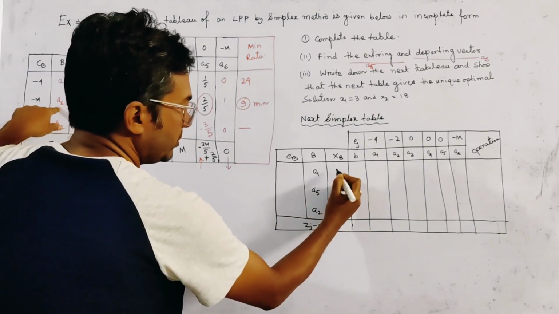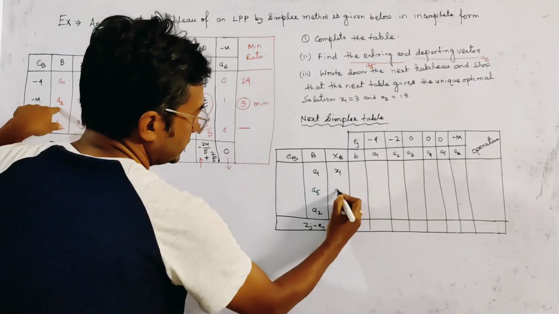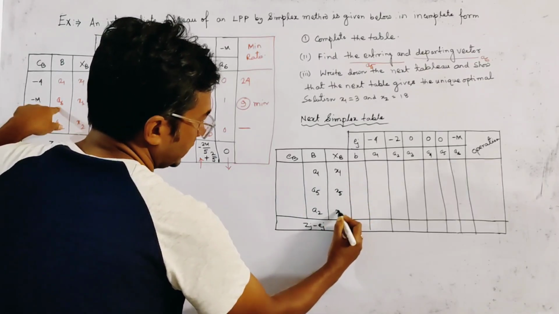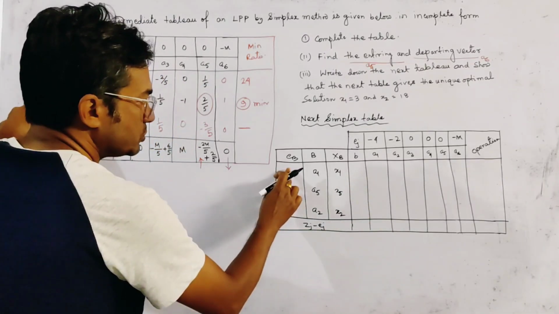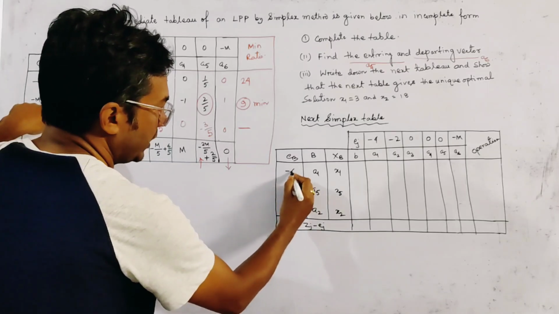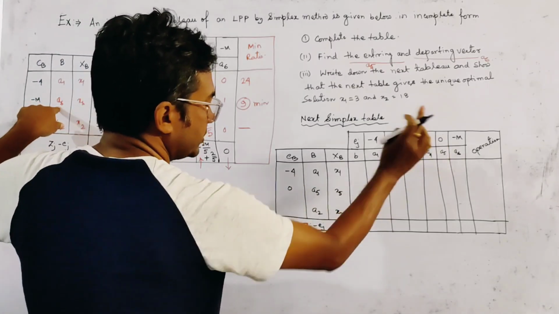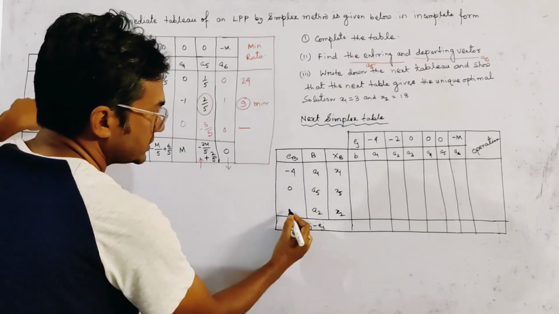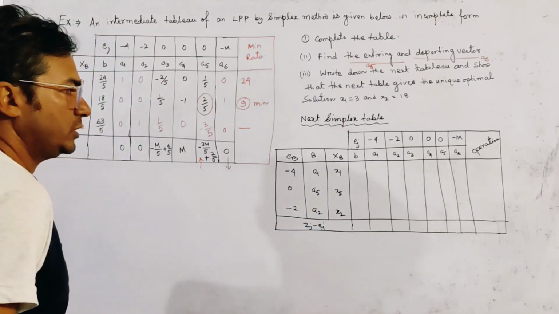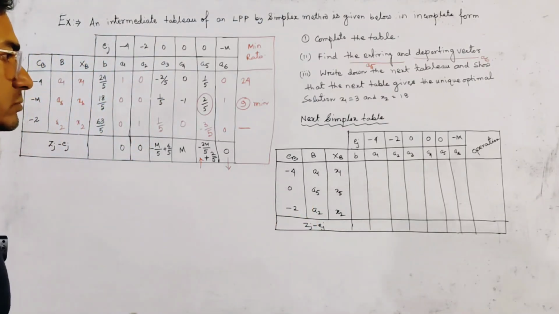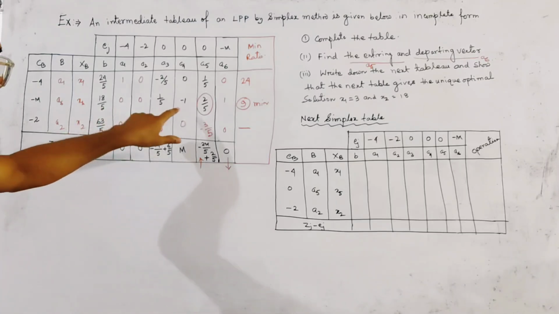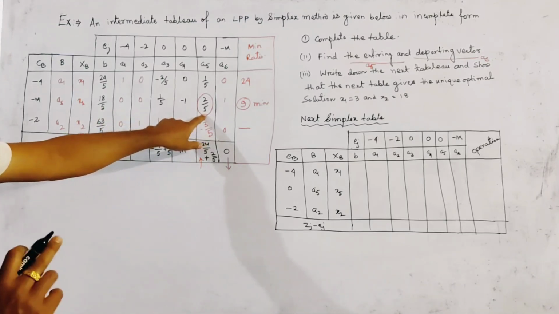We write the corresponding variables: x1, x5, x2, and the corresponding costs are -4, 0, because A5's corresponding cost is 0, and -2. Now we make the operation to transform the key element into 1.